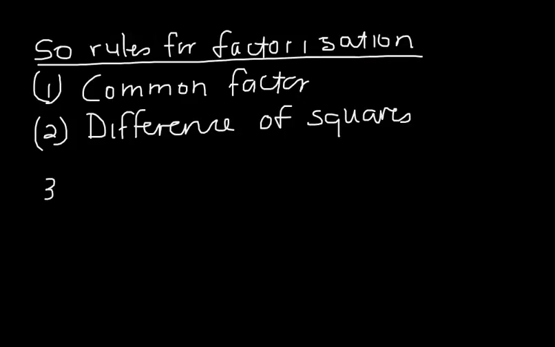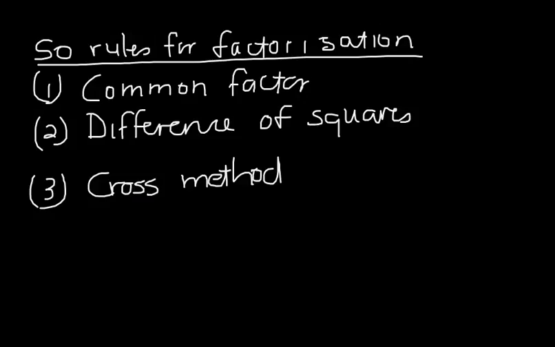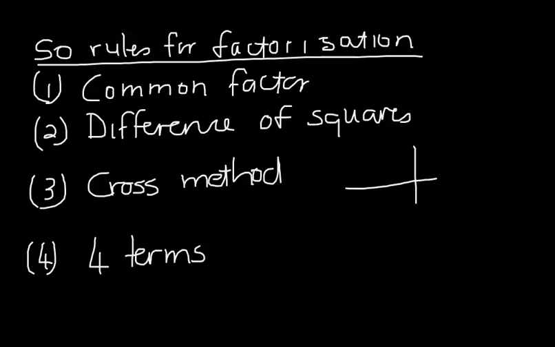And if it's 3 terms, it is the cross method. That is the one with that funny cross. Okay, that is up to now. Now we come to a fourth one where you have 4 terms, and then you are going to do grouping.